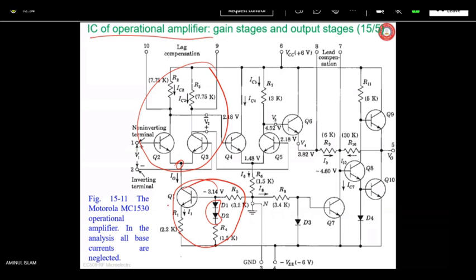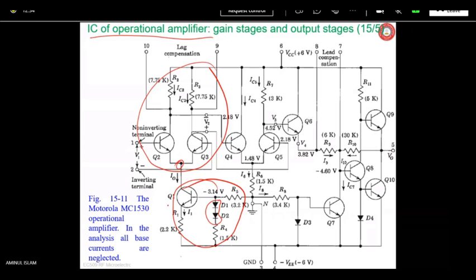Finally, the DC output voltage VO here, or you can think of here, because the same thing has been placed here as VBN8, base to neutral 8, plus I10 R10. This is the I10 and R10.